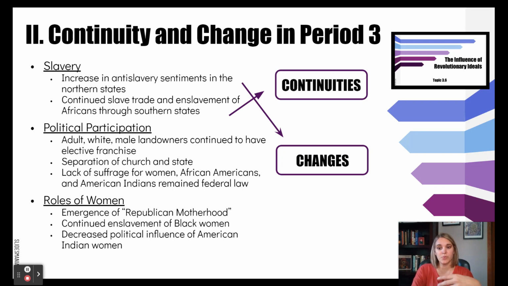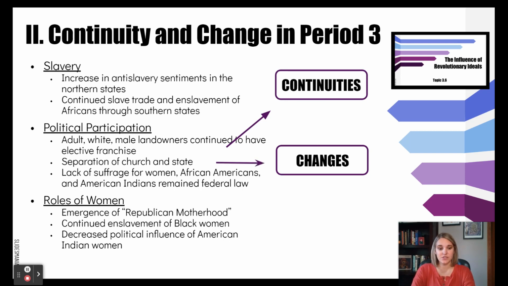Now, if we shift to political participation, what we see is that in order to participate in government, the requirements are still that you must be an adult, white, male landowner. And so that is going to be a continuity. Those characteristics do not change in this time period. However, we do see separation of church and state. And so that is a change.